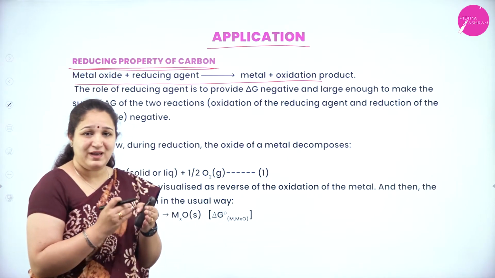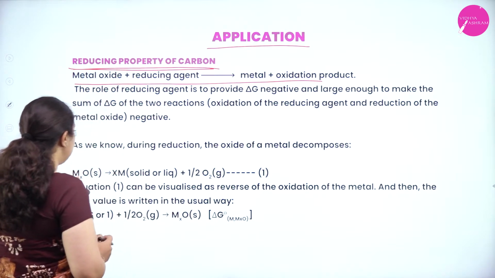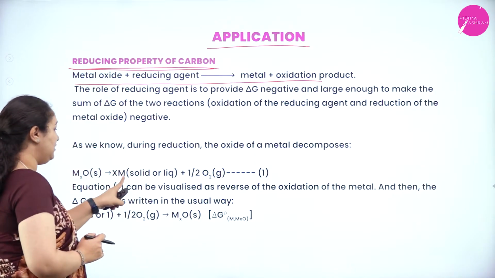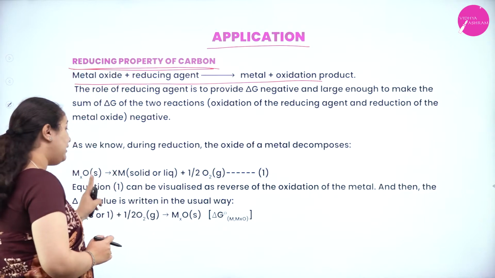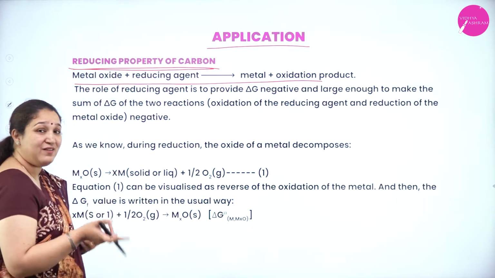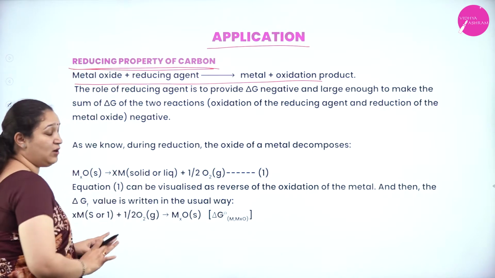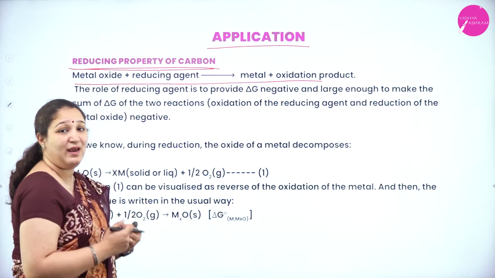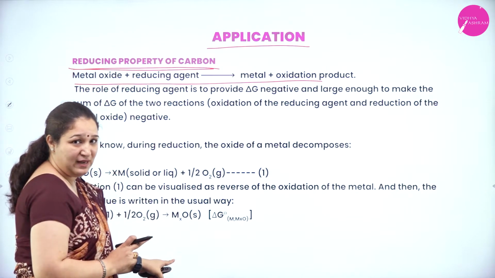So if I split my reaction into 2, then the first equation would be metal oxide giving metal and liberating oxygen. But I don't have this equation in my Ellingham diagram. I have the opposite of that. That is, metal plus oxygen forming metal oxide is what I get from the Ellingham diagram.